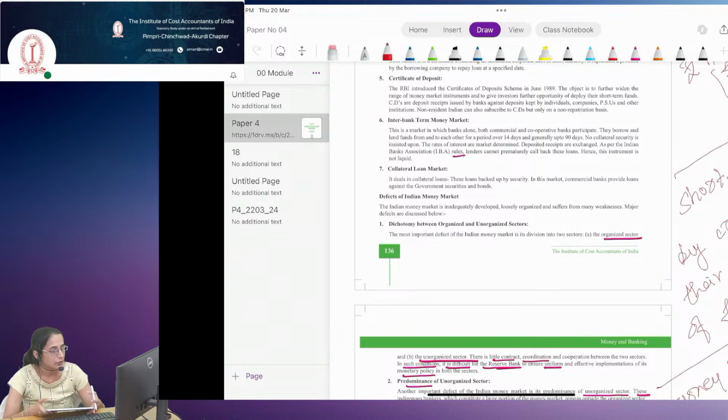The bank can sell this collateral, that is the gold, the house or the land which is kept, and recover that loan. So these loans are good for the bank. Secured or collateral loans are very beneficial in comparison to unsecured loans, because these do not lead to NPAs, that is non-performing assets of the bank.